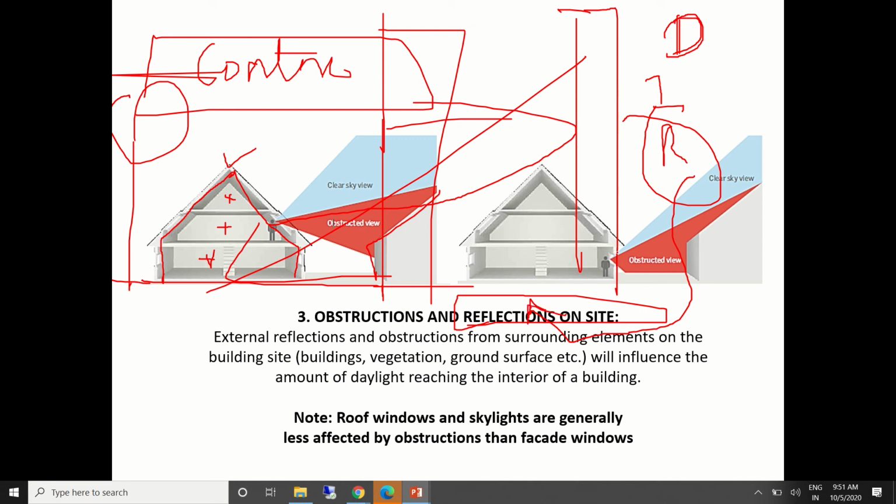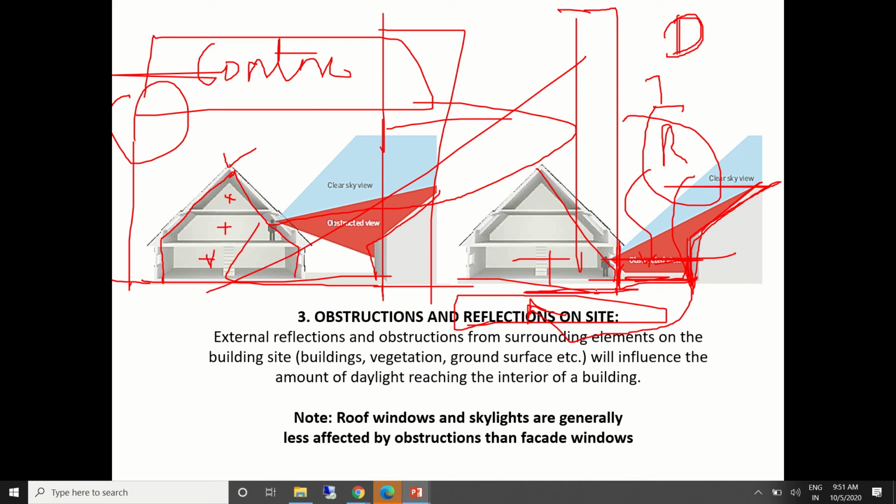How do we treat the surfaces? How do we treat the adjacent walls if we look at this? The kind of building that is adjacent to my site also has an impact on the amount of light that I may get inside the room.